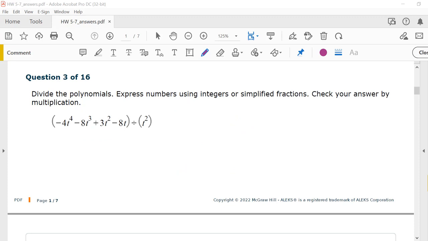Question 3, negative 4t to the fourth minus 8t cubed plus 3t squared minus 8t, and I'm dividing it by t squared. So I'm going to divide everything by t squared.